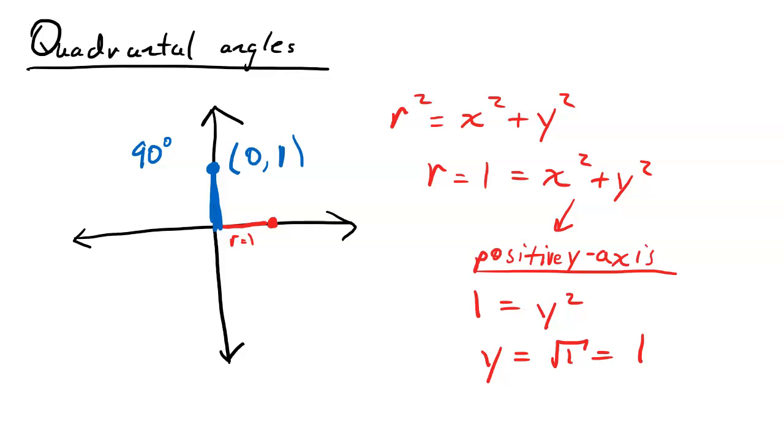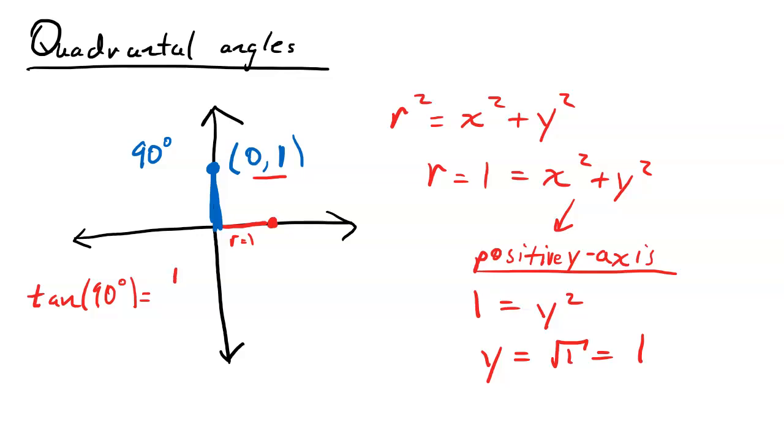Now, if I ask you what tangent of 90 degrees is, we use these coordinates 0 and 1 to find its value. So tangent is opposite over adjacent. And in this coordinate system, opposite is y, and x is adjacent.